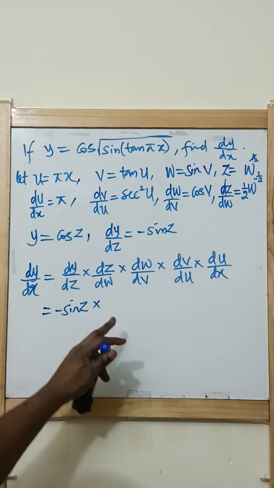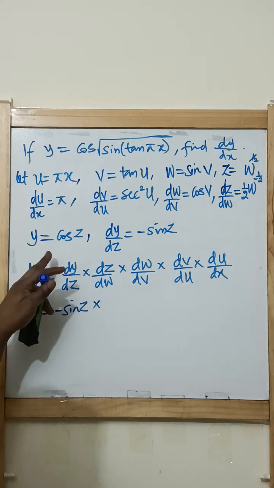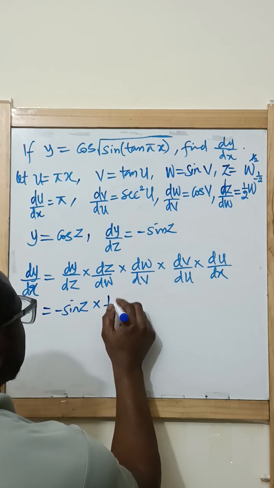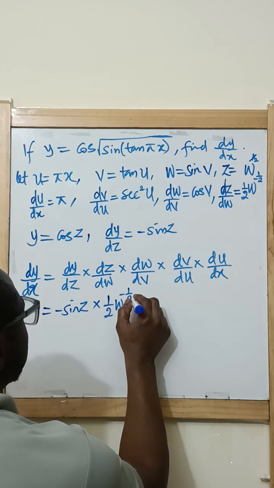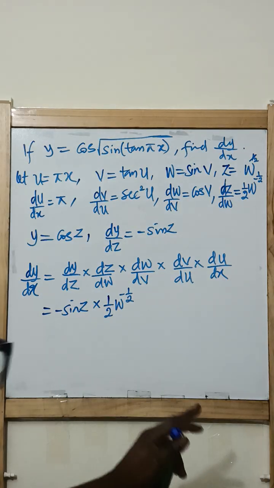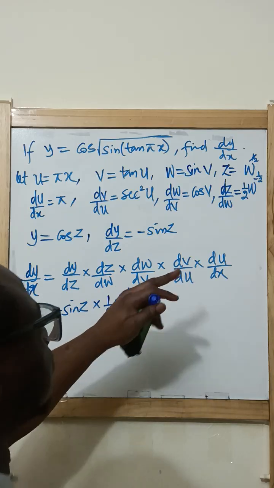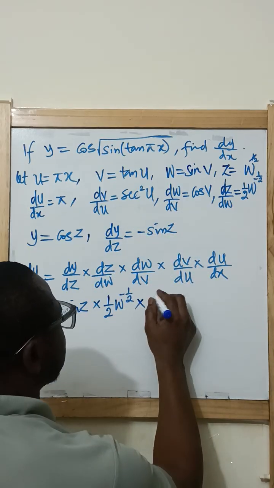Now dz/dw is half w raised to power minus half. Then dw/dv is cos v.